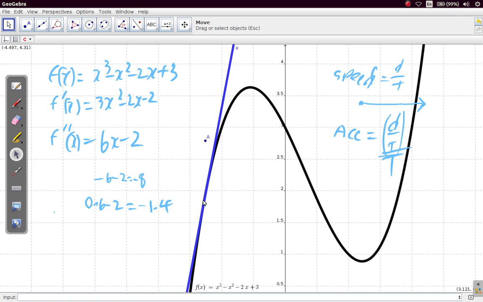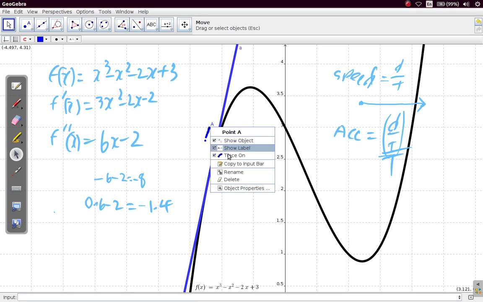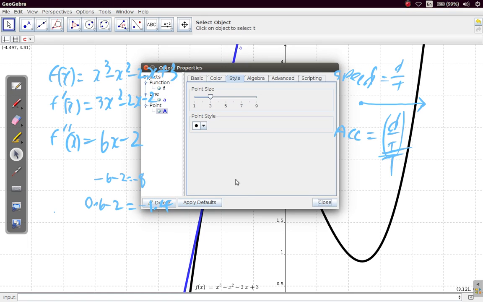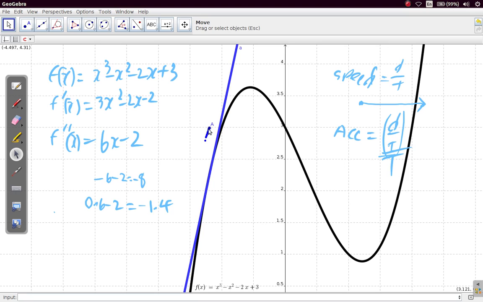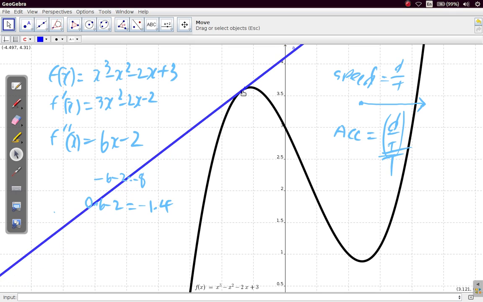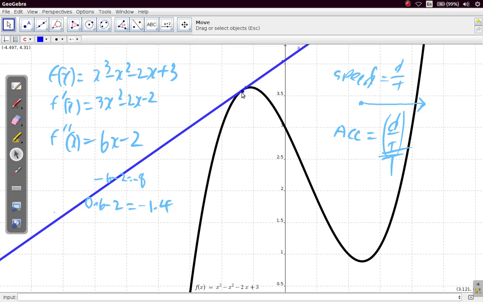Now, if I move the tangent, I don't want to see the trace. It's showing me the trace. Let me turn it off. If I slide along the curve, you see the front of the right hand side of the tangent is swinging downwards and the back is swinging upwards.